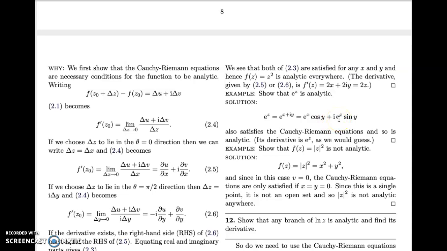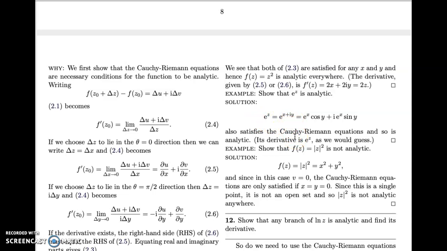So the derivative is indeed e to the x times cos y plus i sine y, which is indeed just the same thing. So the derivative of e to the z is still e to the z.